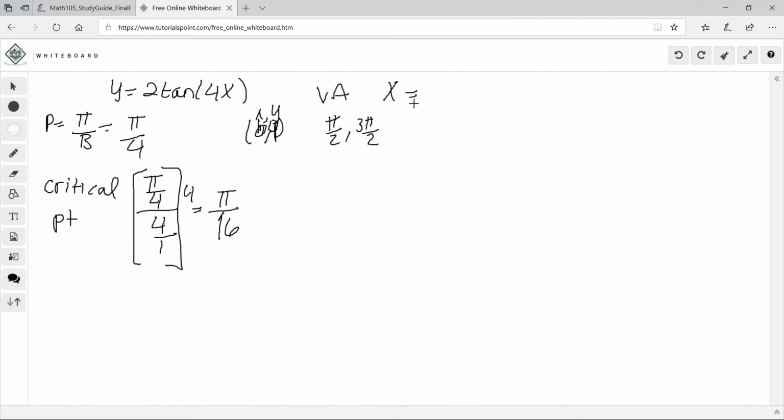So we've got to pick an x value that gives us a tangent of pi halves. I'm just going to use pi eighths, because y equals 2 tangent of 4 times pi eighths reduces to tangent of pi halves, which is what we want because we want it to be undefined. So we can use pi eighths, and we can also use negative pi eighths.